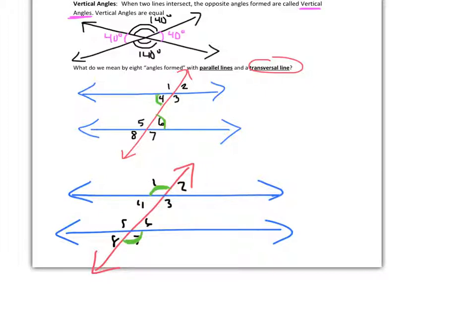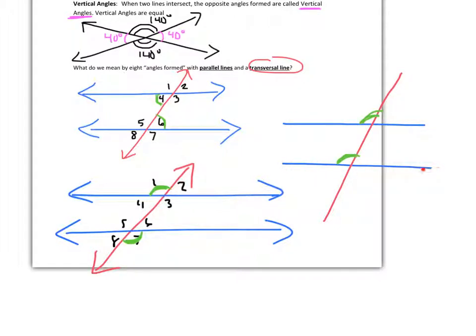And the last part, so here's my two parallel lines cut by a transversal. And our last special property here is corresponding angles. And corresponding angles is, like this angle is equal to this angle, right? And hopefully it makes sense.